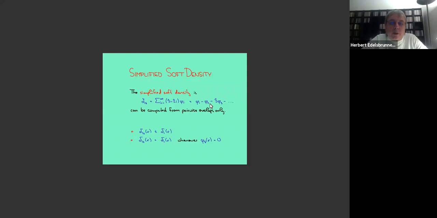Because it's phi1 minus phi2. But here, this is minus 3 times phi3, whereas in the soft density, it's minus phi3. And because I subtract more here, the simplified density is, in general, less than the soft density. Something to keep in mind.